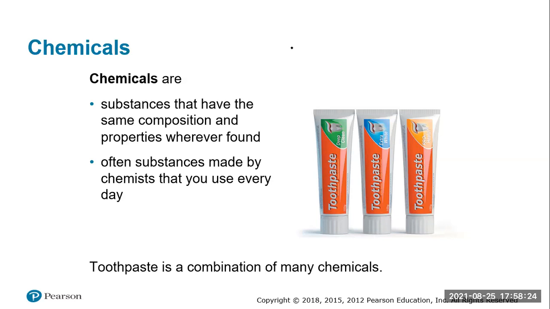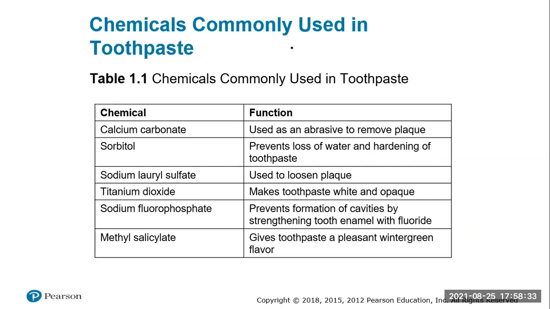All those candles that smell like something different, that all involves chemistry. Here are some commonly found chemicals in some of the stuff that we use a lot. And again, it really does go over a lot of different areas.